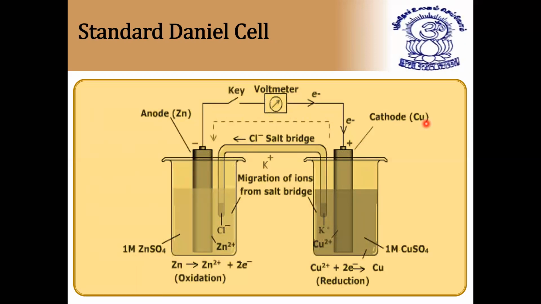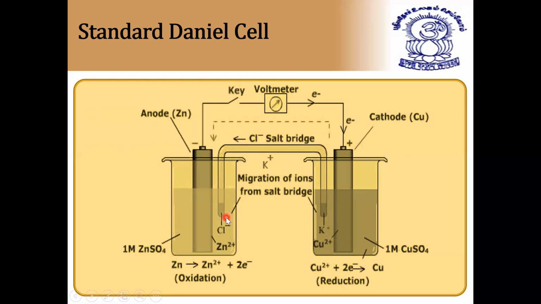A galvanic cell consists of a zinc rod dipped in zinc sulfate solution and a copper rod dipped in copper sulfate solution, both of 1 molarity. The two are connected by means of a salt bridge. This is called a salt bridge.